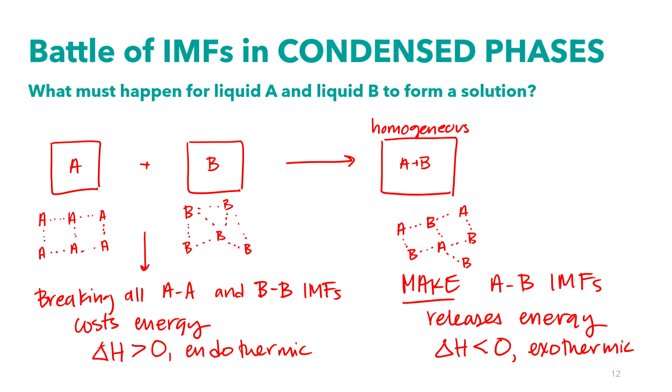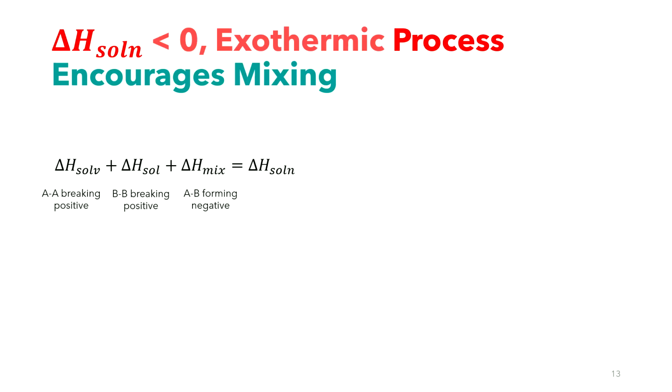Okay? So in our battle of whether or not this process happens, we are going to compare the cost of breaking up A and A's and B and B's, and then the benefit. How much energy do we release when we bring them together? Okay? So your book takes this and makes it a very simple equation.